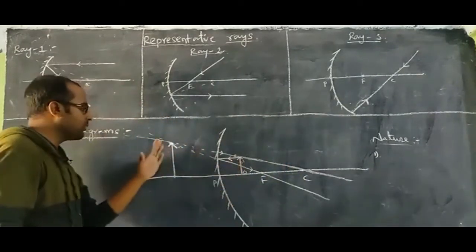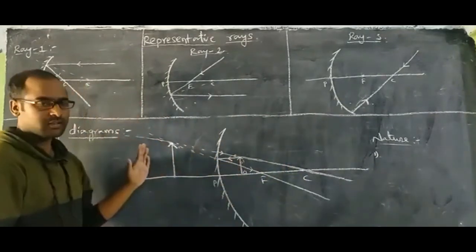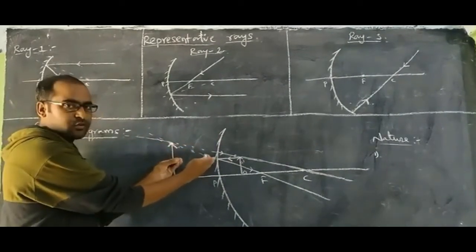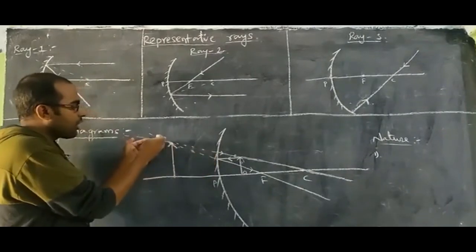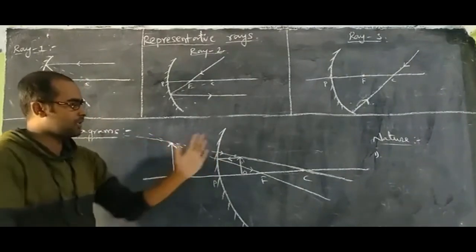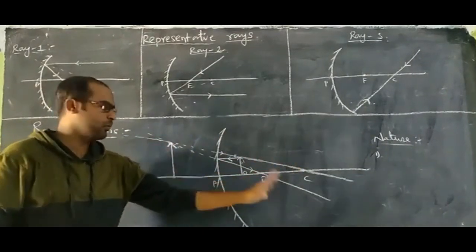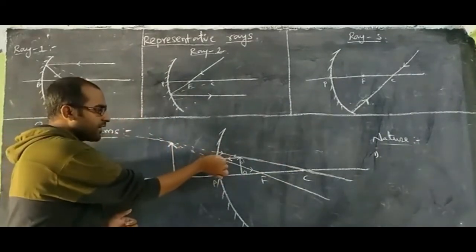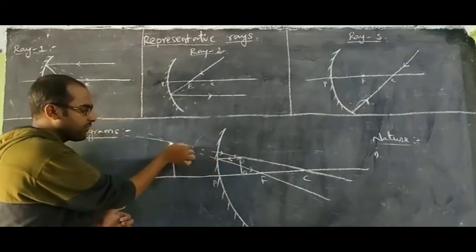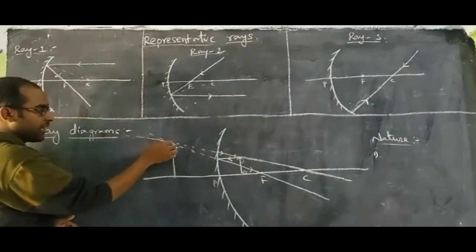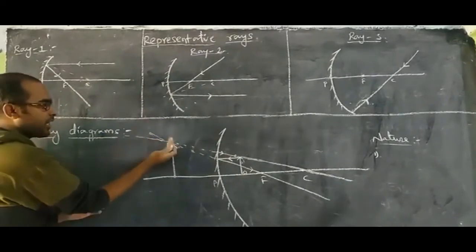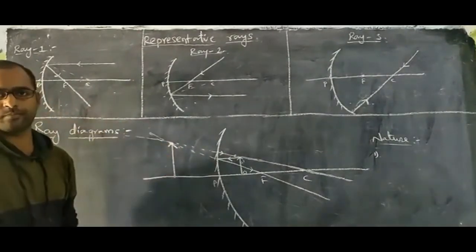So let us look for the image inside the mirror. If we extend those reflected rays, do they meet at a point? Yes, the reflected rays meet at this place. Since they intersect here, there is a chance for the image to form here, right?